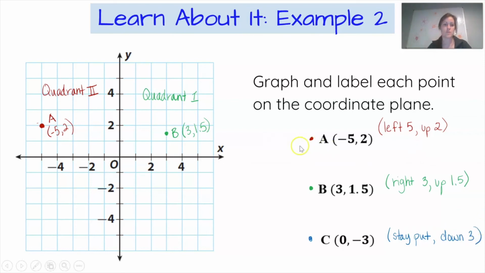So let's start at the origin, stay put, don't move left or right, and go down 3. 1, 2, 3. So this is point C, 0, -3. And this point is on the y-axis.